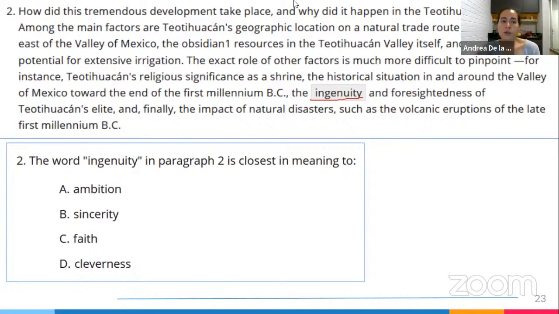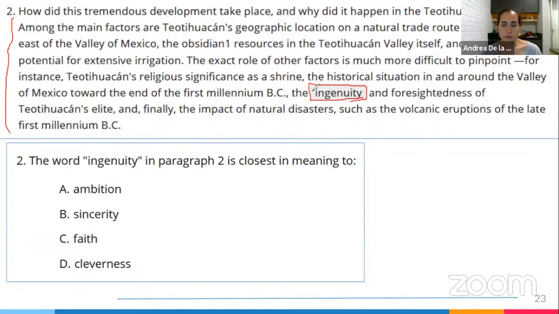In this case, what we're going to do is, again, look for the main idea of this paragraph, and see how this word relates or contributes to that main idea. So what is the relationship, why is that word there? Can you guys tell me what the main idea of this paragraph is?